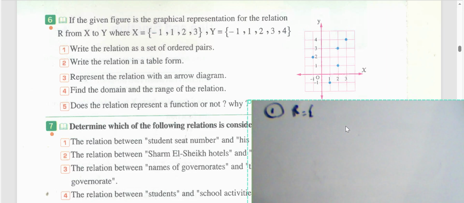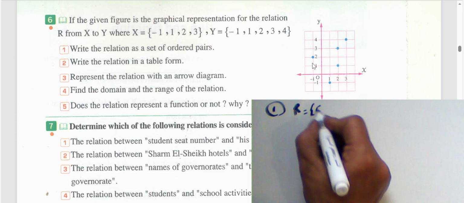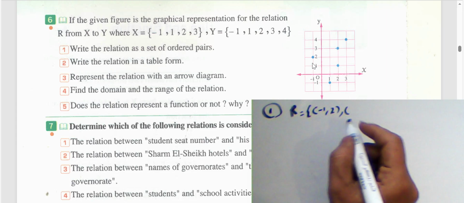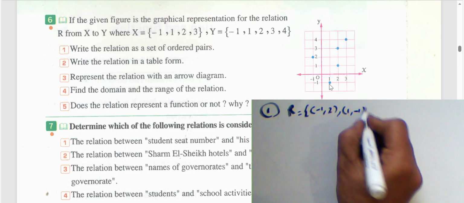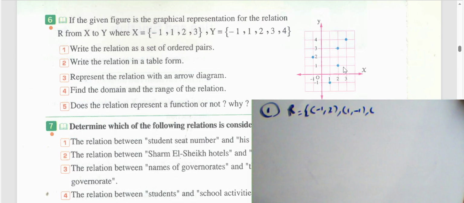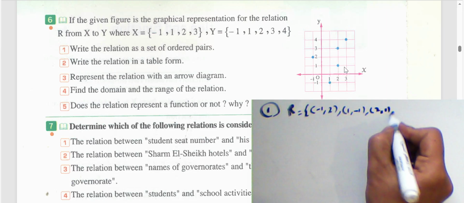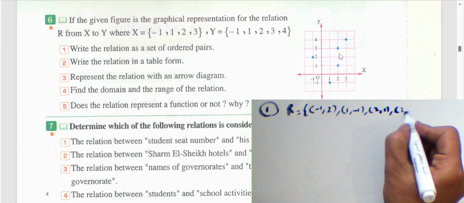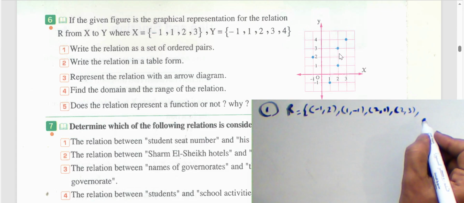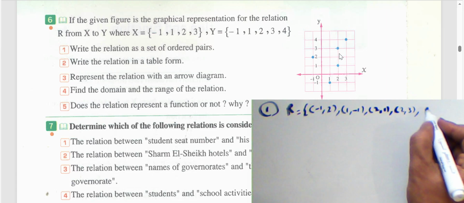We have -1 with 2, first pair, and second from 1 to -1, and from 2 to 1, and 2 with 3, not a function, okay, 2 and 3, and 3 with 4.